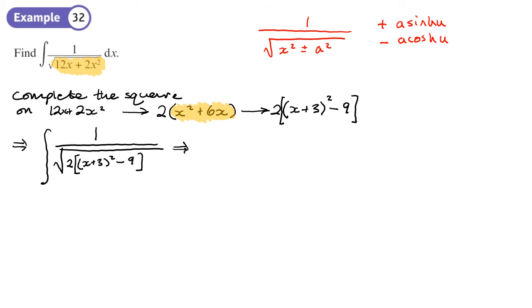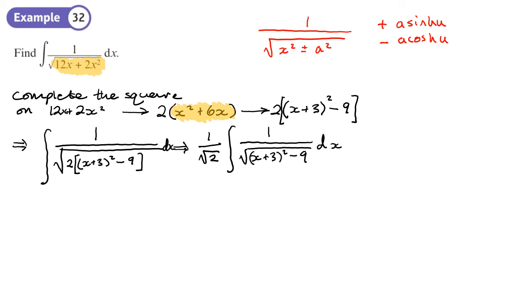It's basically like square root of 2 times the square root of x plus 3 squared minus 9. So let's move that to the other side. So 1 over root 2. The more constants you can take over to the other side, the better. It just makes it look a bit easier. And then we've got 1 over the square root of x plus 3 squared minus 9. Now that looks more like what we're used to. And we can do something with that.